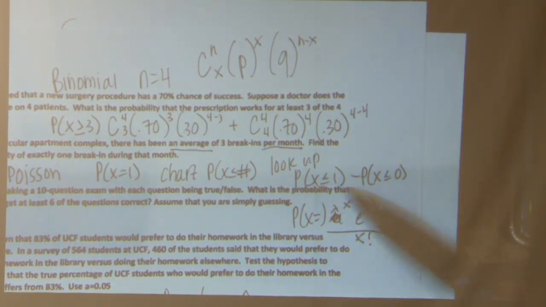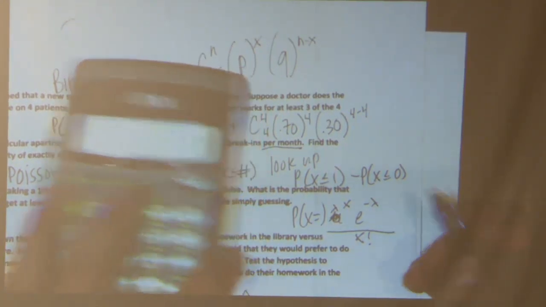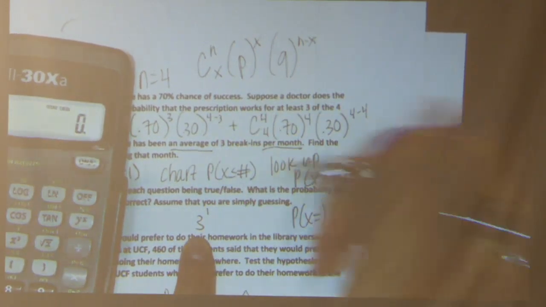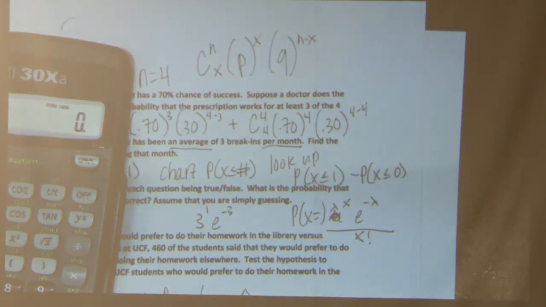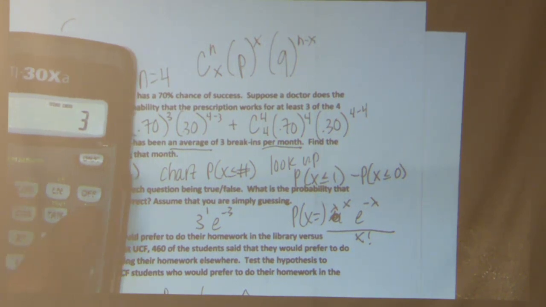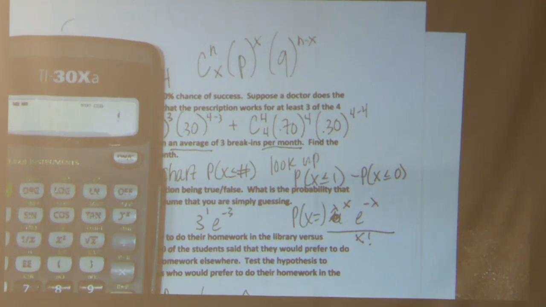So if you wanted to do this in your calculator, for the first one, let's say that our mean was equal to 3. So we could do 3. If our x was 1, then e to the negative 3. So you're going to go 3, Yx is going to be your exponent. So you're going to go 3 to the 1 times by e to the negative 3.